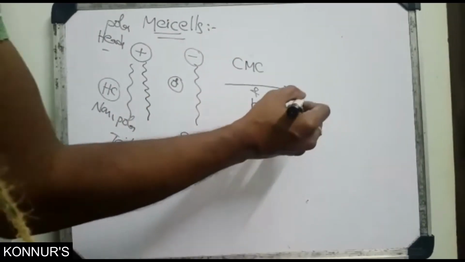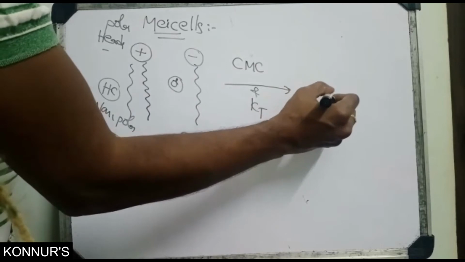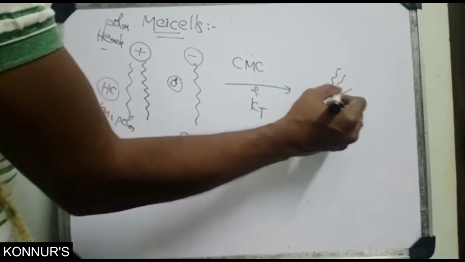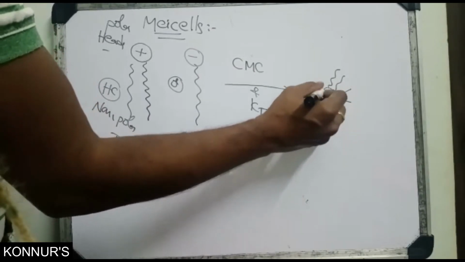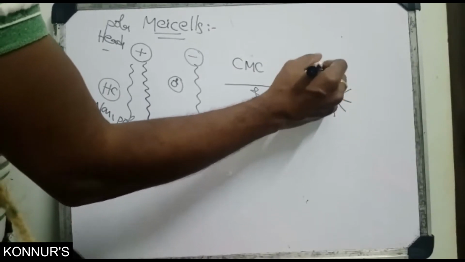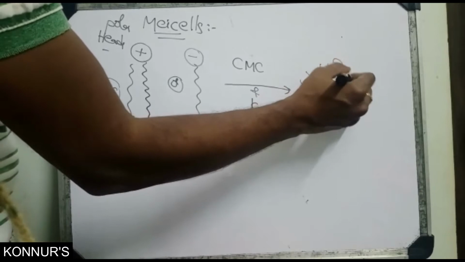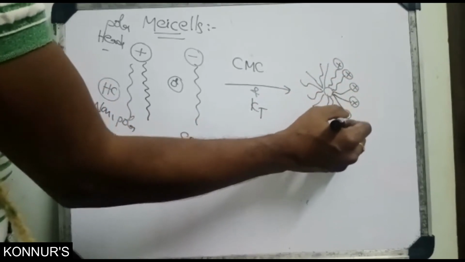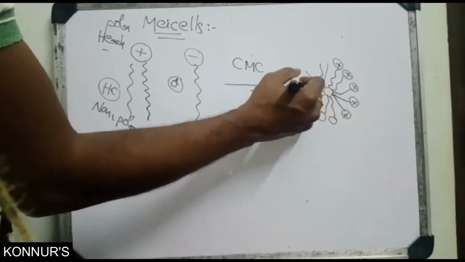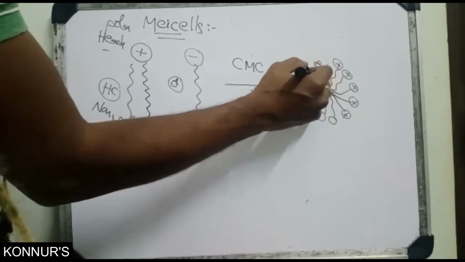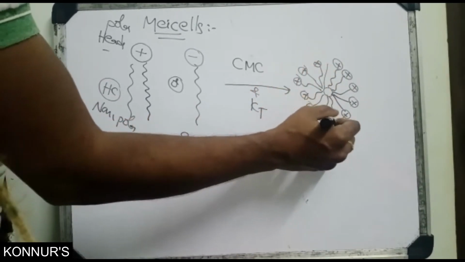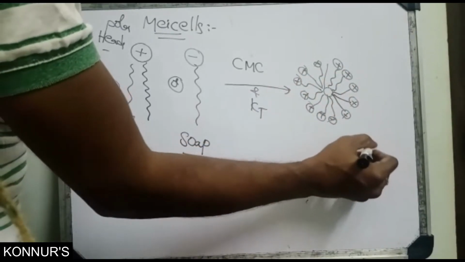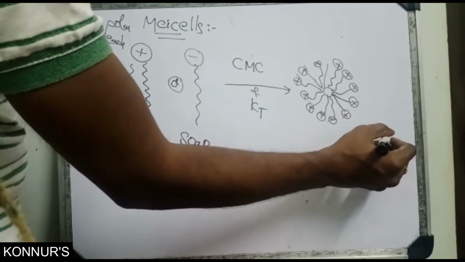So what does micelle mean? All the soap particles are accumulated at one place, all positives, or otherwise you can take negative also.